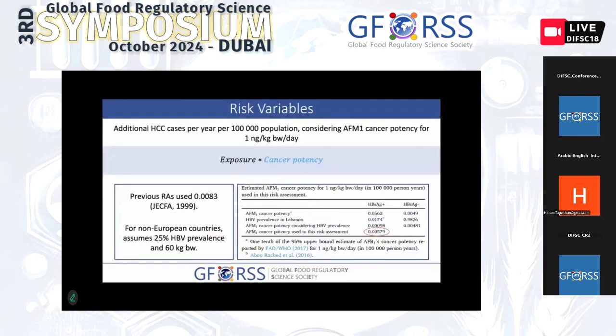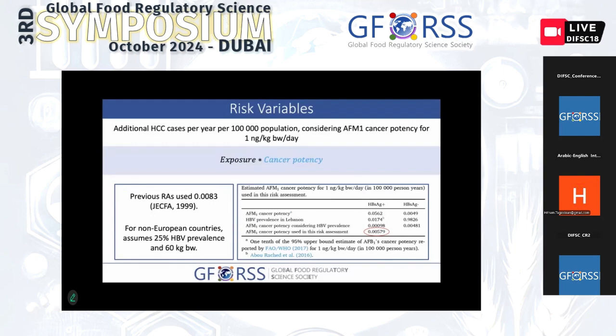So those were the variables that determine exposure. For risk, we estimated the additional numbers of HCC cases per 100,000 population that could be attributed to consumption of milk contaminated with AFM1 as the product of exposure and AFM1 cancer potency.